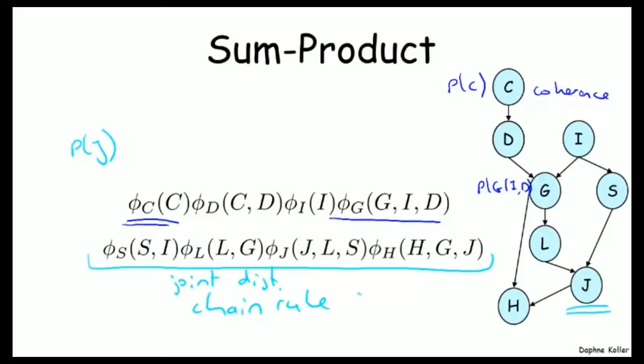In order to compute P of J, what we need to do is only to eliminate or marginalize out all of the variables except for J. And so we end up with a summation that looks like this, which is why this problem of inference, conditional probability inference, is often called sum product, because we have a sum over a product of factors.